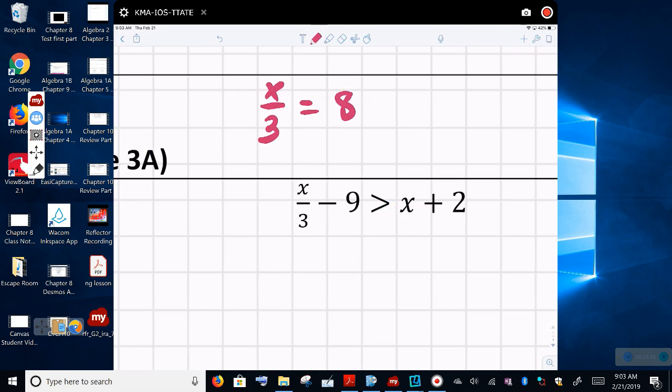Multiply, yes, by 3. Now I cannot just multiply the left side. I would have to multiply the right side. Maybe in the process, I make everything else a little bit bigger, like I made the 8 now a 24, but I don't have any more fractions, and I would rather have that instead.